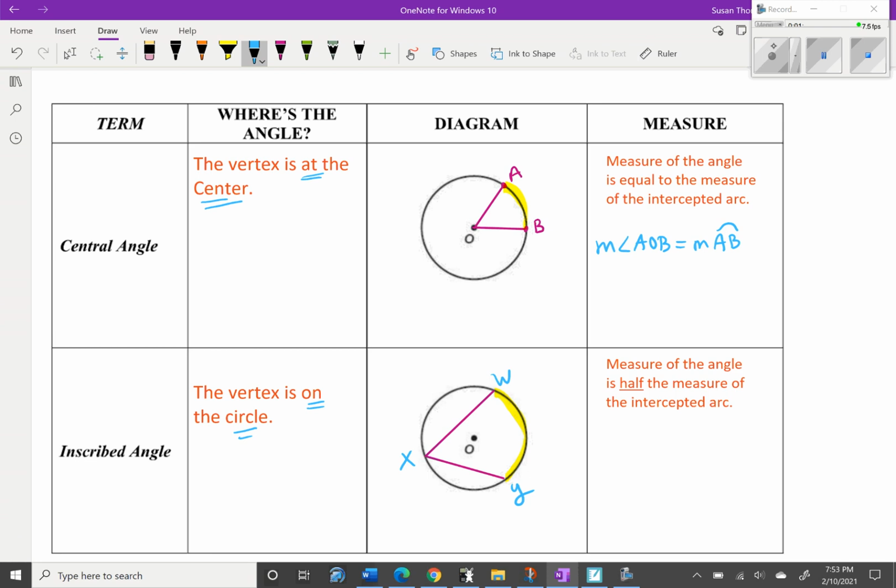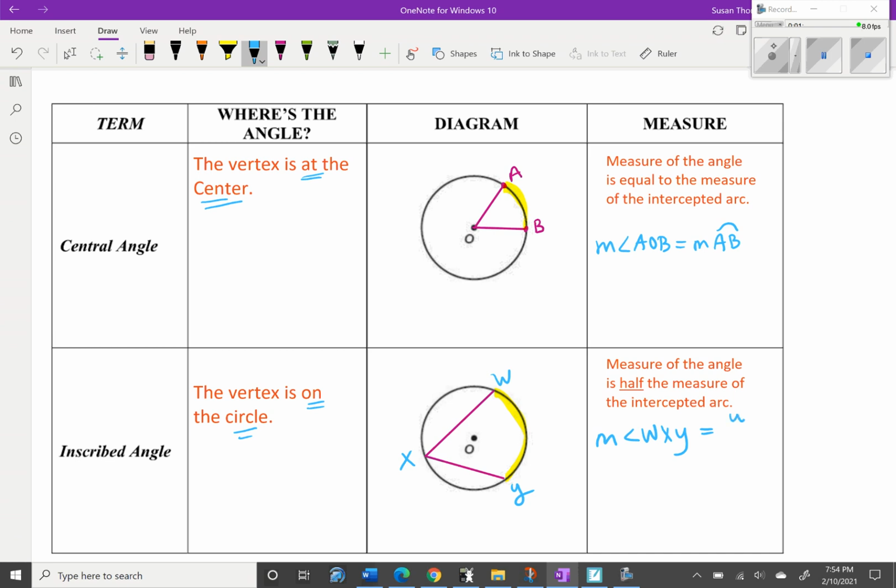So for this one, we would say the measure of angle WXY is equal to half the measure of the intercepted arc.